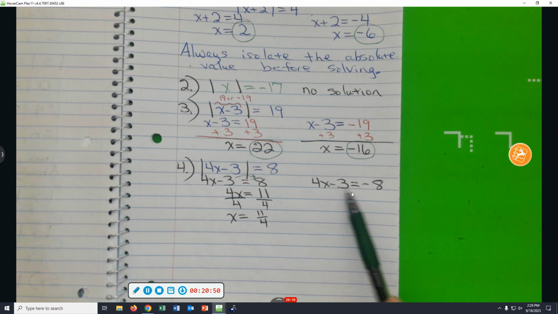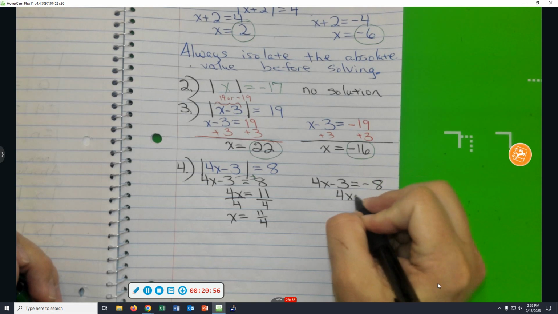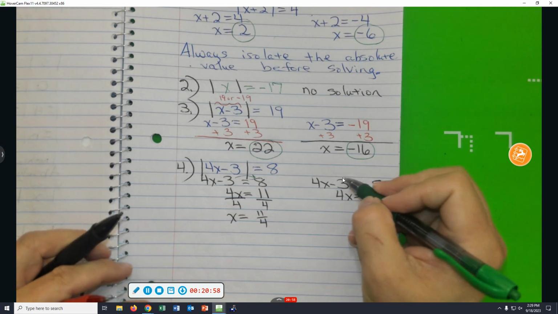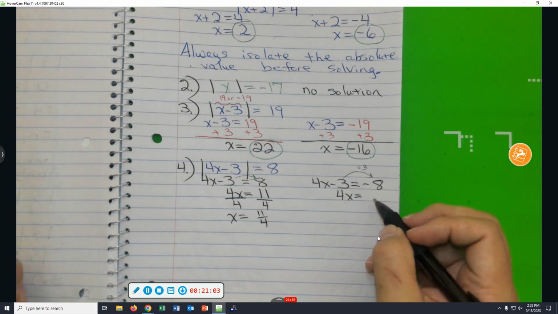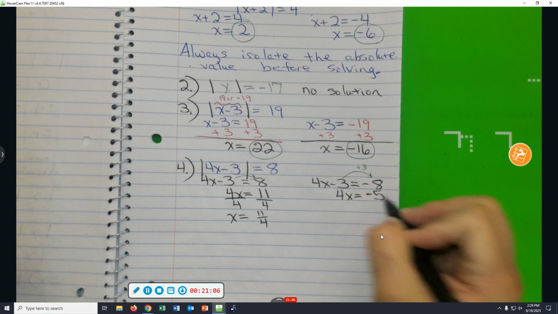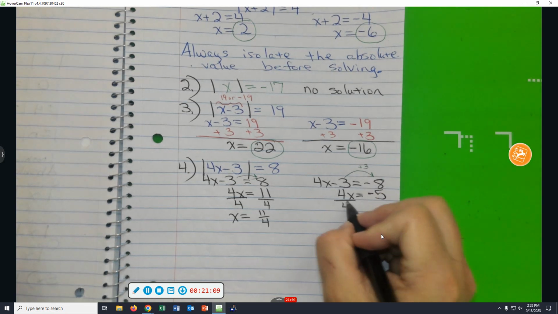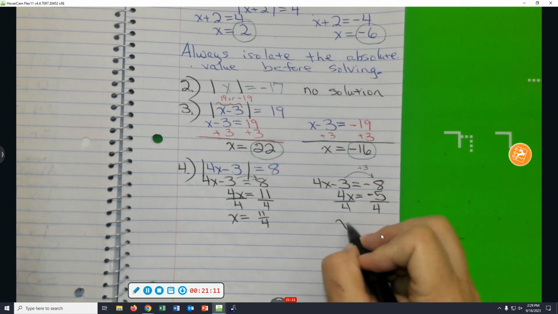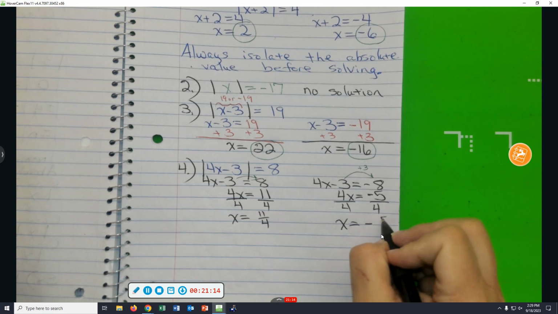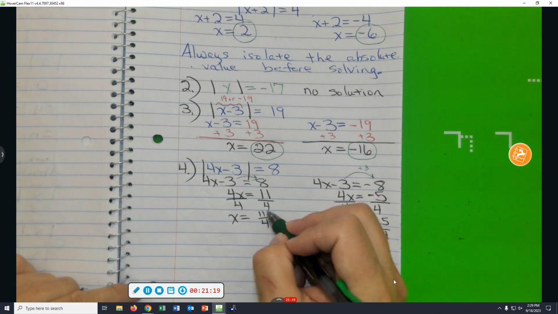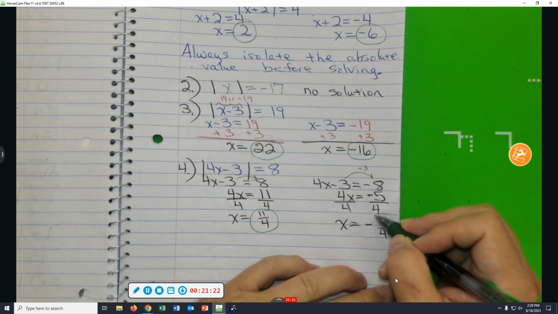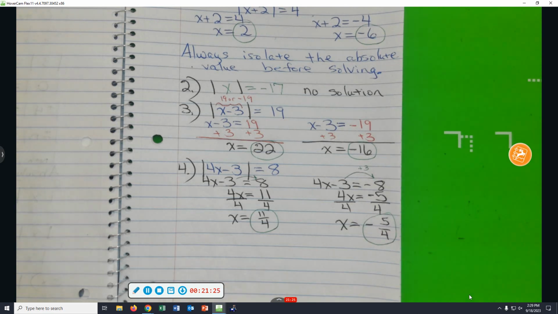Here, add 3 to give us 4x equals negative 8 plus 3, which is negative 5, and then divide by 4 again to give us x equals negative 5 fourths for my second solution. So we have two solutions, 11 fourths and negative 5 fourths. Any questions there?